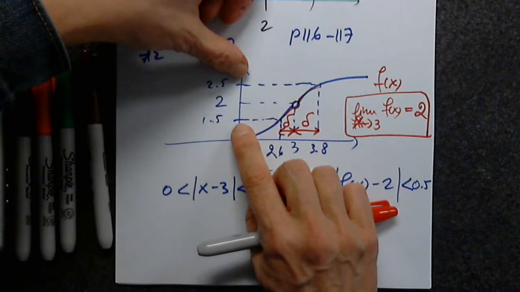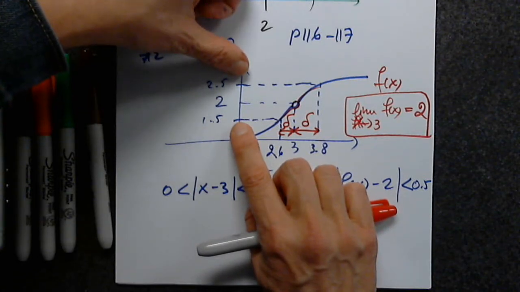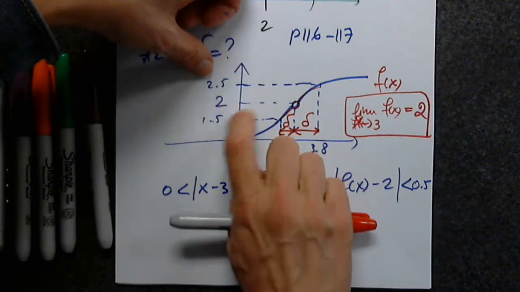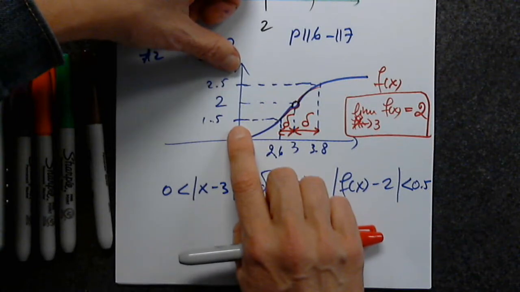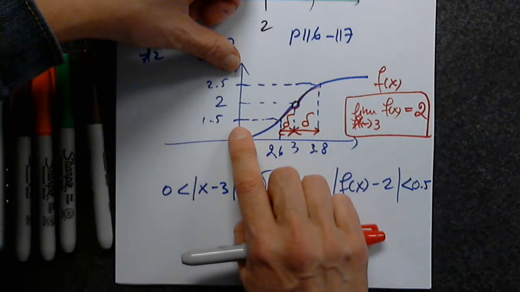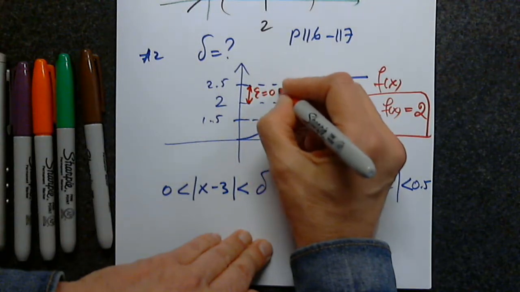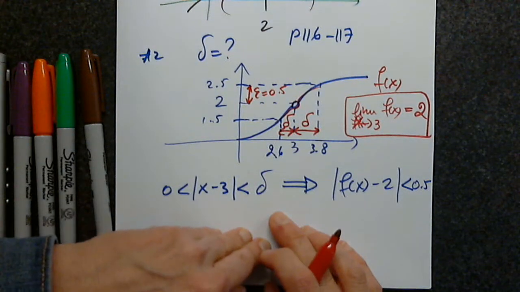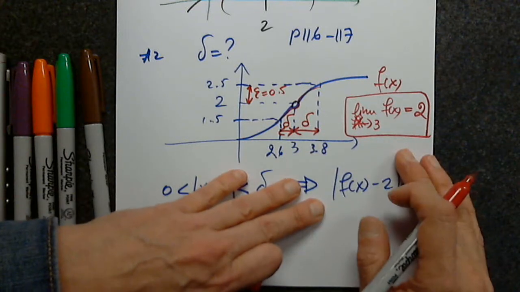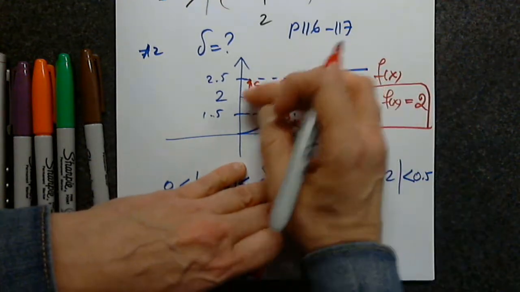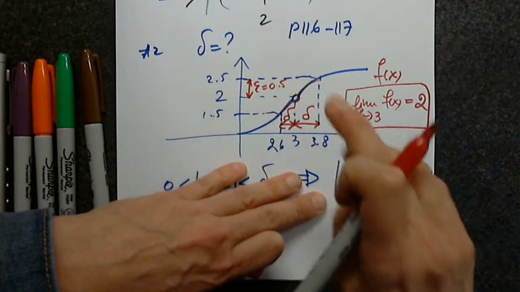Now, when I'm looking at this, what information do I get from what is happening on the y-axis? What does this mean? Exactly. So I know that epsilon is definitely 0.5 with no discussion. Would you agree? So this is the information I have from the graph already, that the limit is 2.